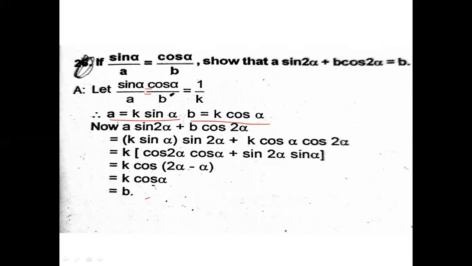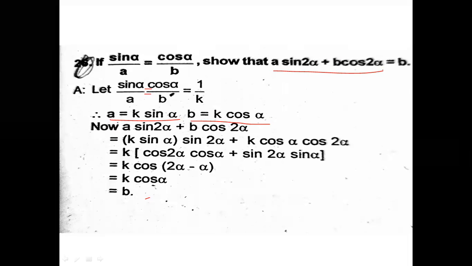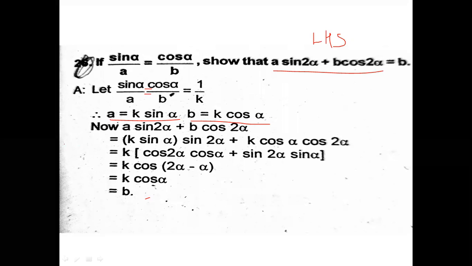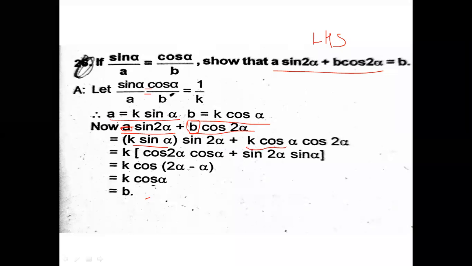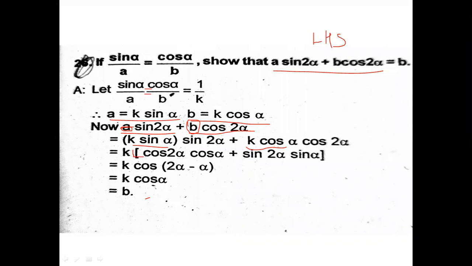Now if you take LHS, a sin 2 alpha plus b cos 2 alpha. Instead of a, we can write k sin alpha, and instead of b, we can write k cos alpha. Take k as common. What will be left?